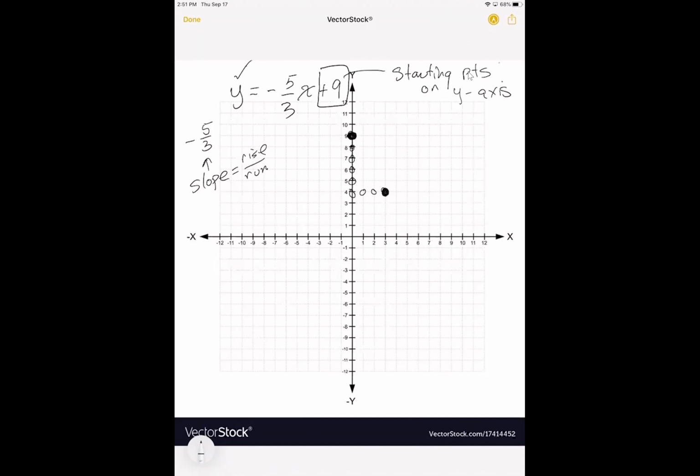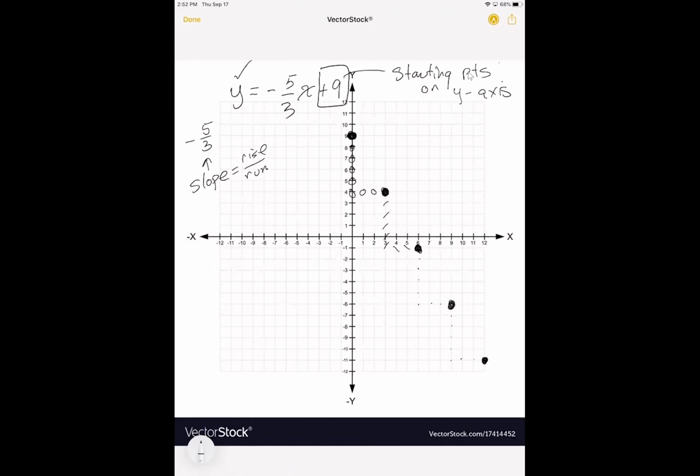And again, you don't need a third point, but if you were to do it, you go down 1, 2, 3, 4, 5, then over 1, 2, 3. If I keep going down 5 and over 3, I will get my line. The only reason I do this is to show you that if you keep going down 5/3, 5/3, 5/3, you will get the same line, and you will see how slanted or how steep your graph is.